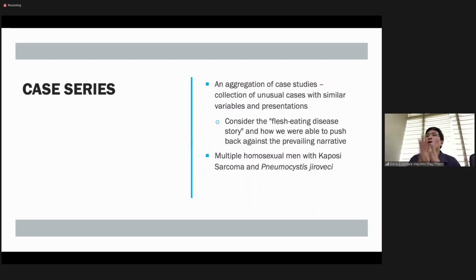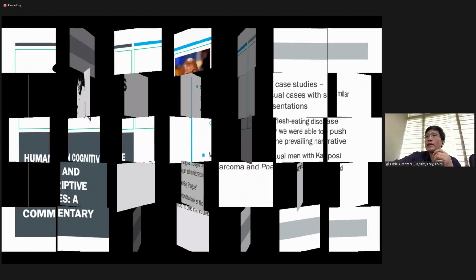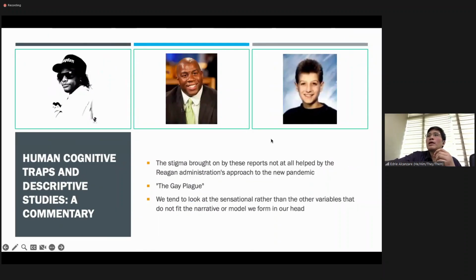Okay, but as we would later find out, and I think this is an important takeaway here, whenever we do descriptive studies, again, we point out that it doesn't establish a causal relationship as much as possible. Okay, it doesn't establish a causal relationship, and we must not fall into cognitive traps whenever it comes to descriptive studies.